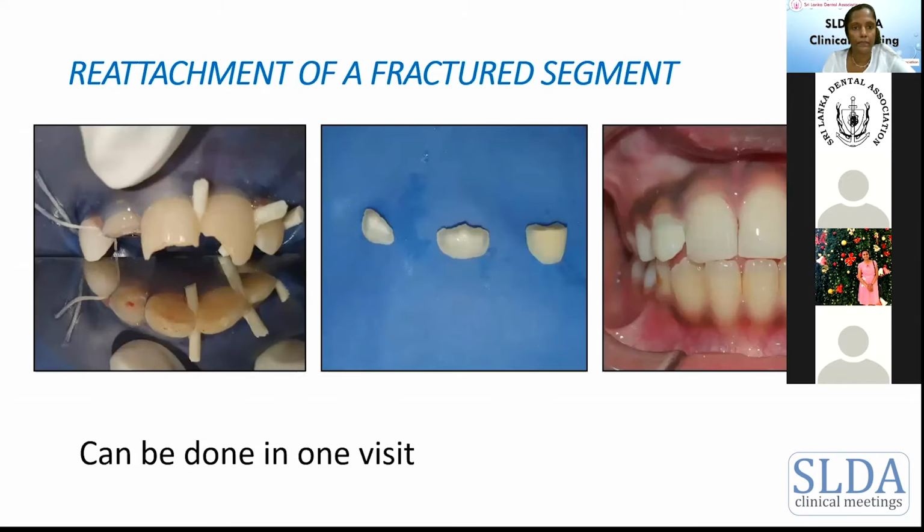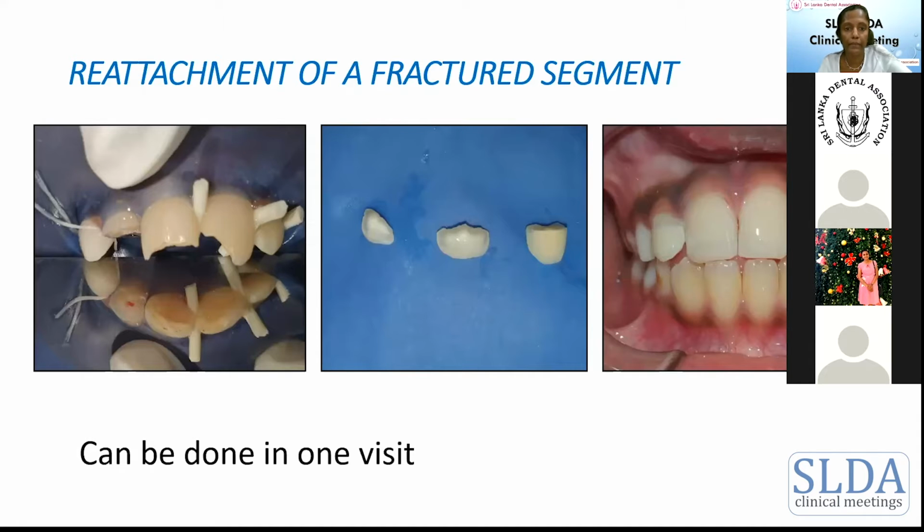So this is again a nice case of our registrar. This is a reattachment of a fractured tooth. Actually, this upper right lateral incisor has been pulp exposed, and you can see this patient has brought all these 3 fractured segments.